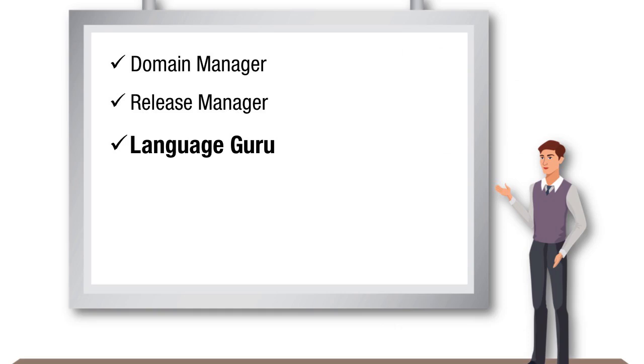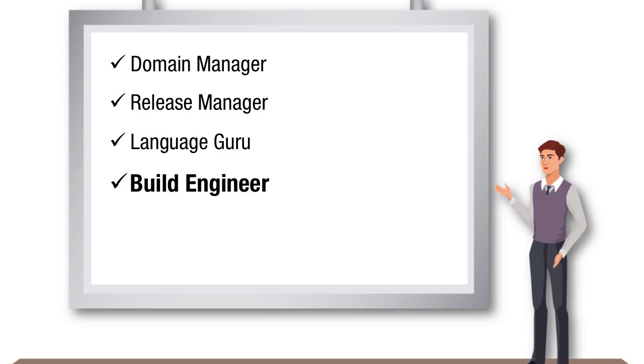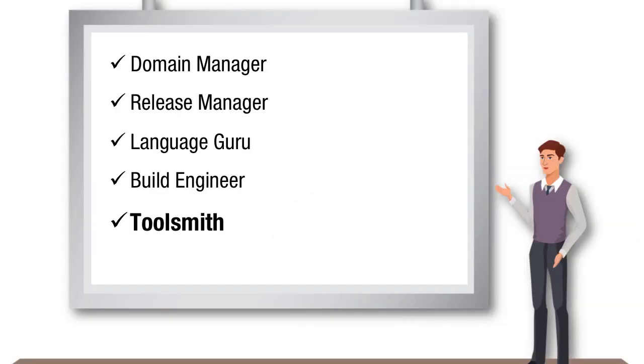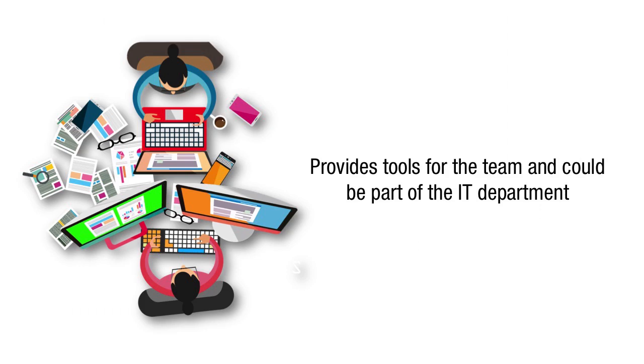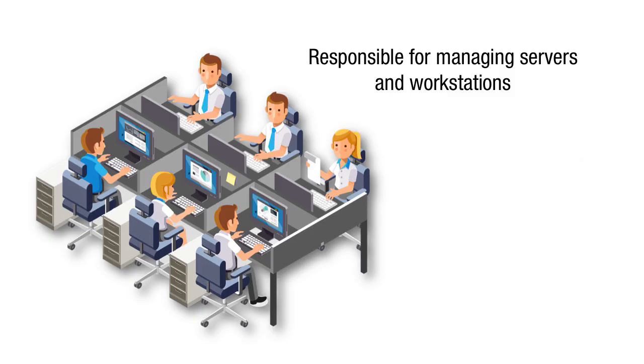Language Guru, only used in projects in which the programming language is new to the team. Build Engineer, responsible for the regular builds, including the build process setup. Toolsmith, provides tools for the team and could be part of the IT department. And System Administrator, responsible for managing servers and workstations.